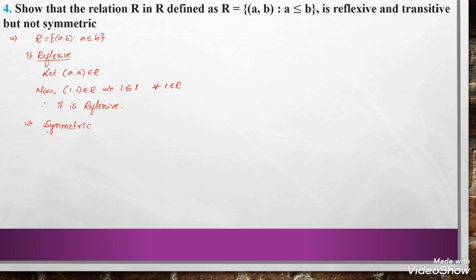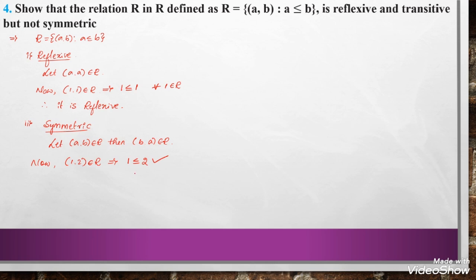According to the definition of the symmetric property, if A comma B belongs to R, then B comma A also belongs to R. Here I will consider one example. 1 comma 2 belongs to the relation. Then I will check the condition: 1 is less than or equal to 2.